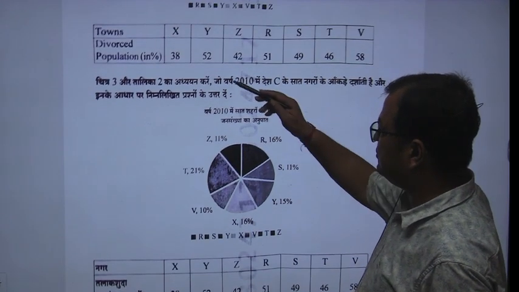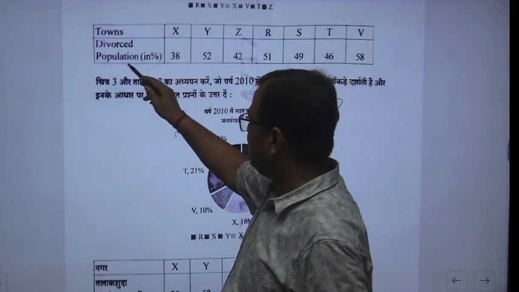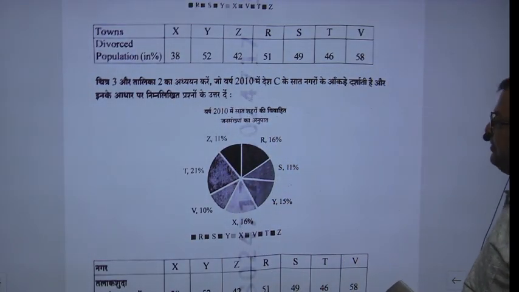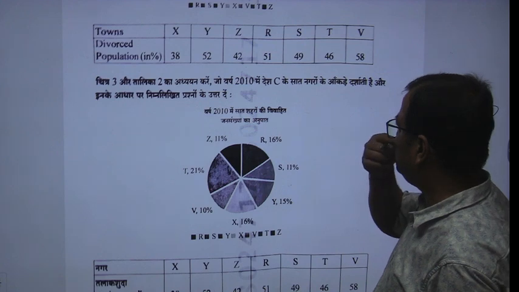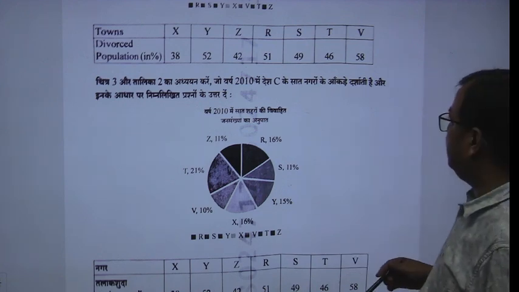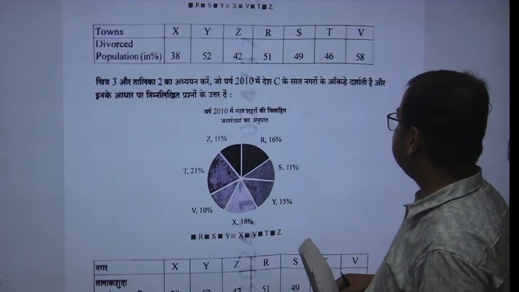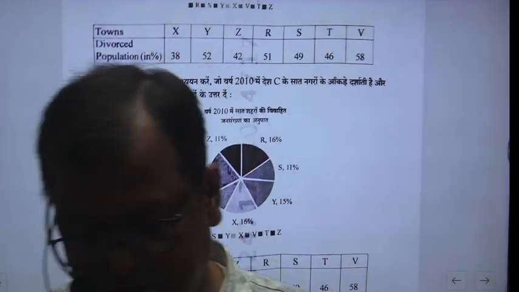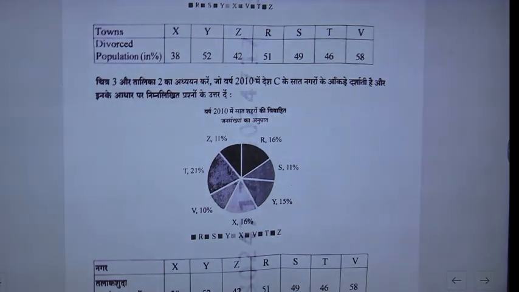And last, the divorced population in percent: X 38%, Y 52, Z 42, R 51, S 49, and 46, 58. So this is our result from the figure.